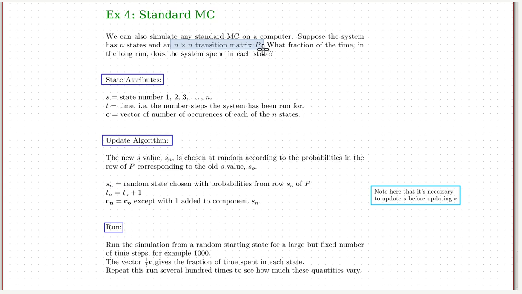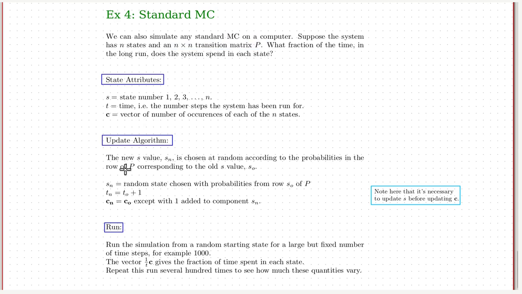In particular, the entries in one particular row of P, for example the ith row of P, tell you the transition probabilities assuming that you were previously in state i. So the entries in the second row of P tell you the transition probabilities assuming you were previously in state 2 of the Markov chain.